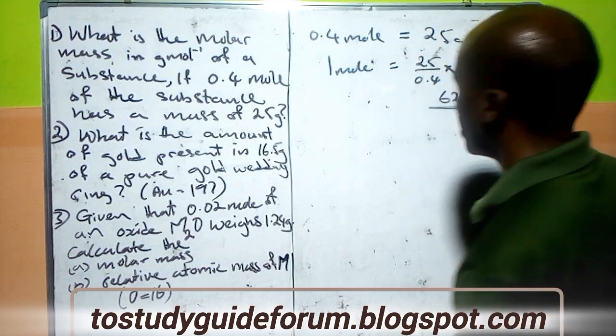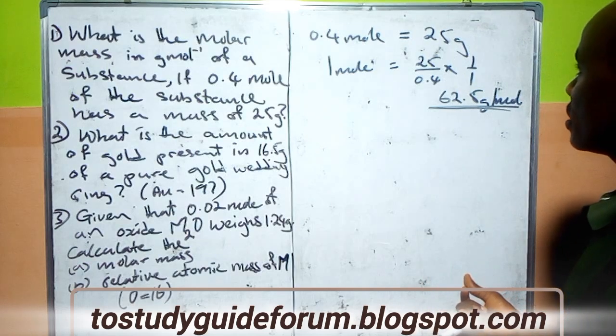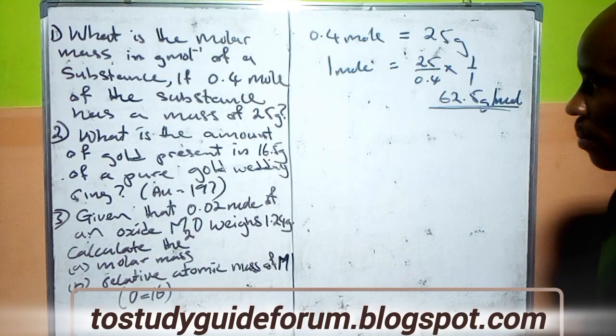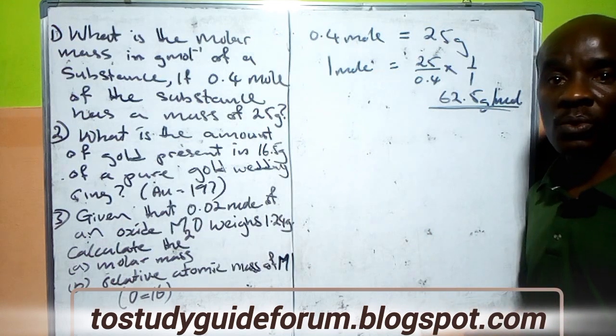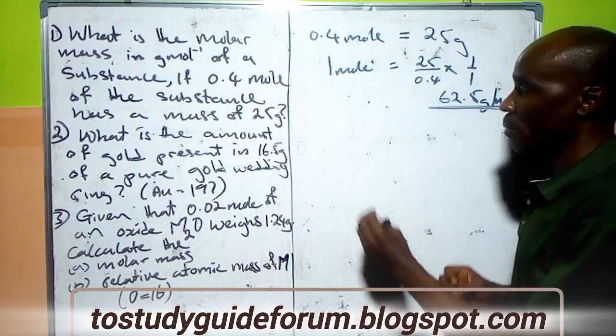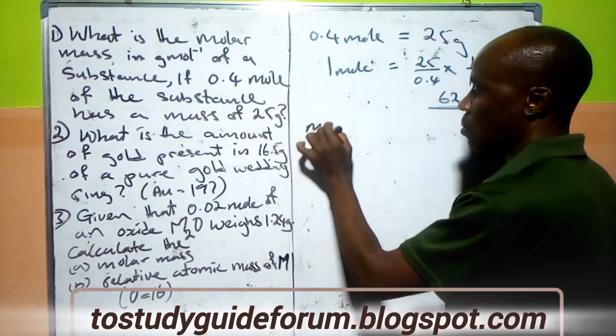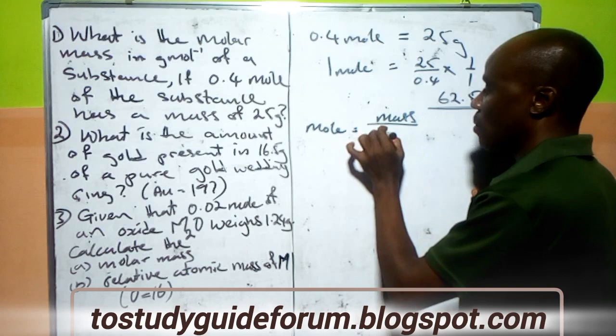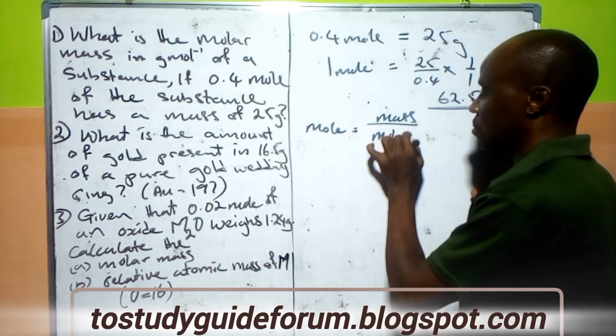That is what we have, because we are now comparing them. Now, another method of solving this problem is to use the formula. In the formula, we know that mole is equal to mass over molar mass.